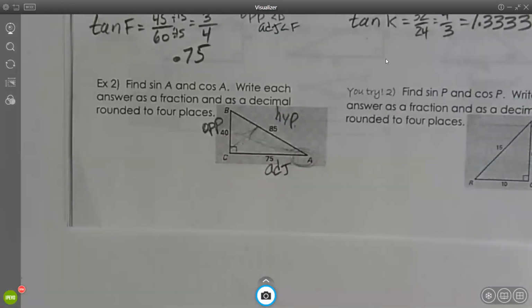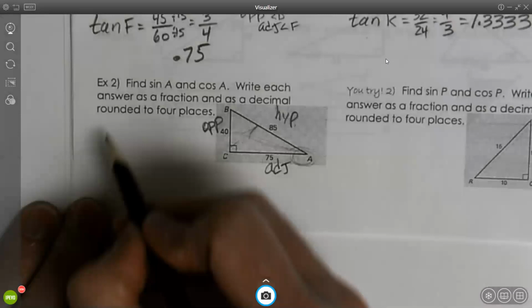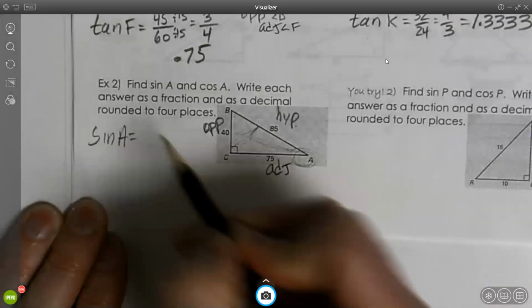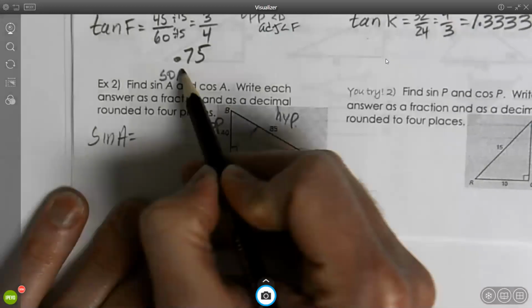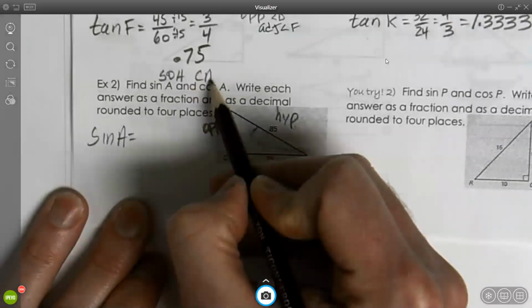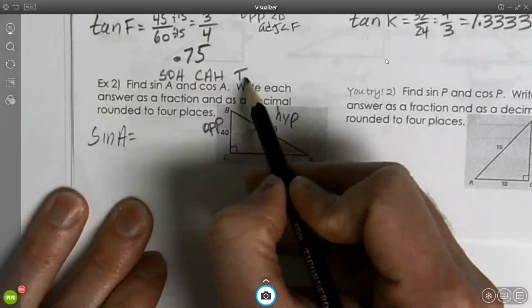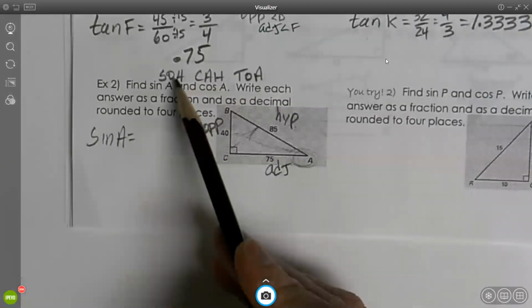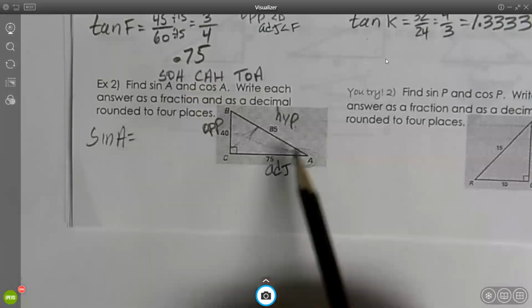And with that in the adjacent, they both touch the A. So if we're going to talk about the sine of A, remember we're using the idea of sine, cosine, and tangent. Sine is opposite over hypotenuse, O and H. So the 40 and the 85.